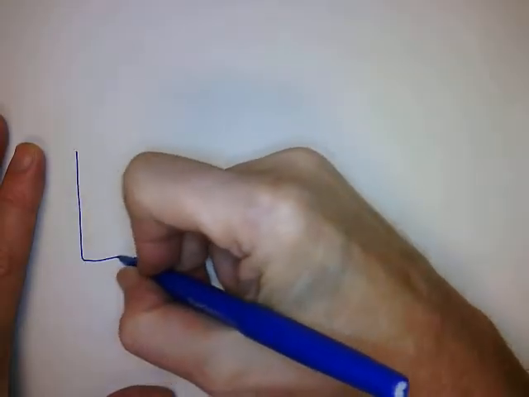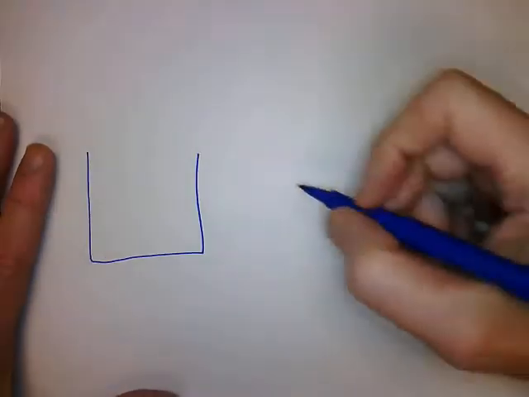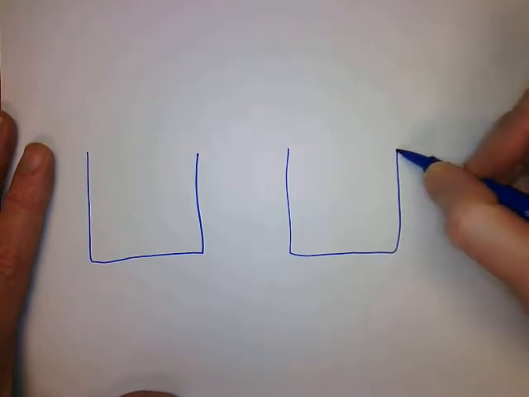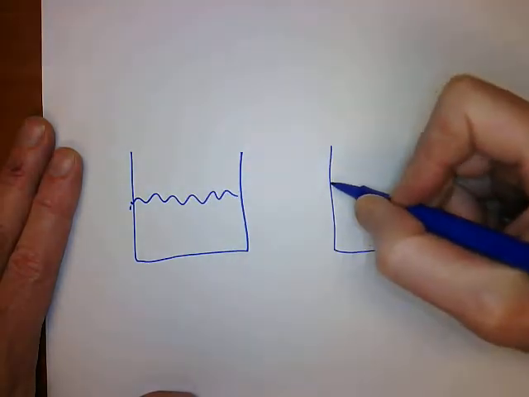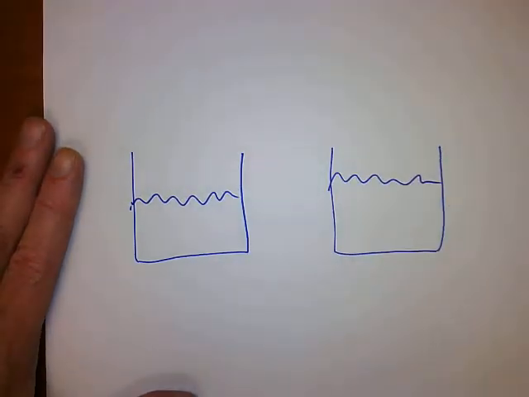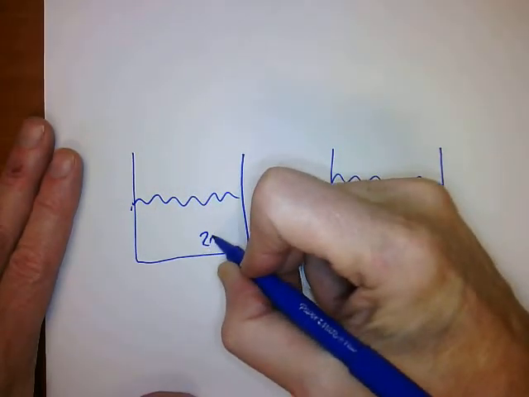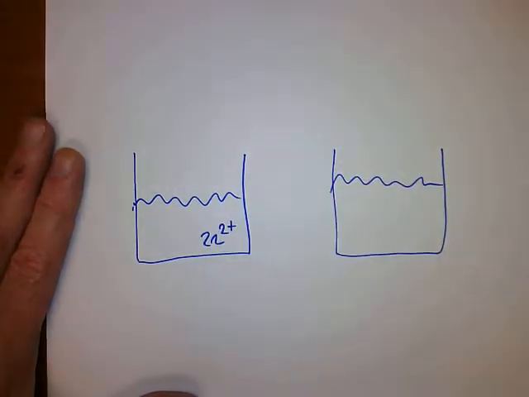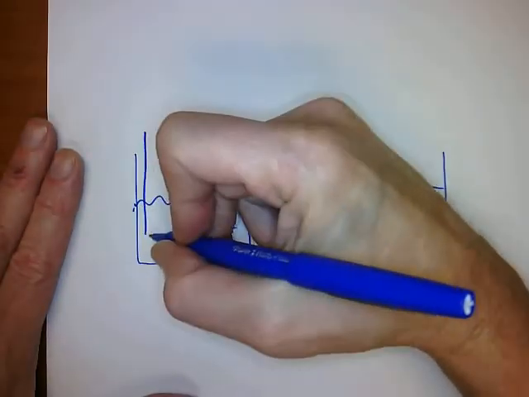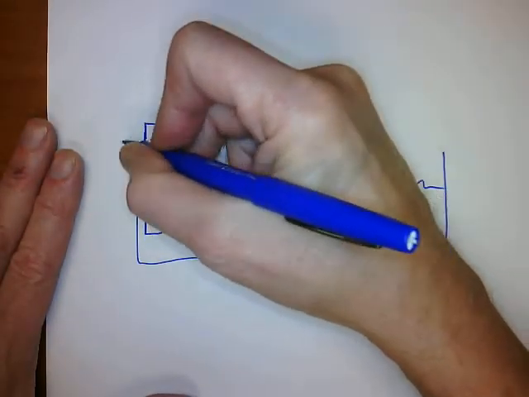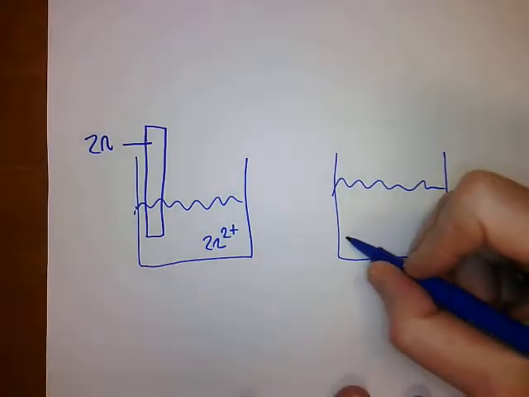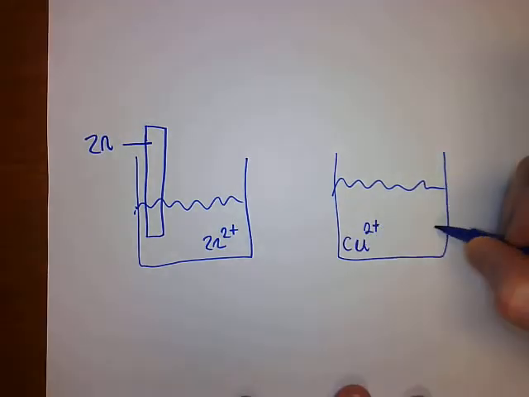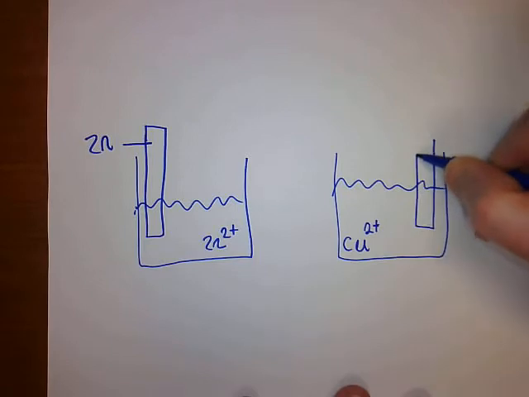Okay, so let's diagram this out. Now we're going to have, instead of one compartment, two. So we're going to have something like this. We're going to have a solution containing some zinc-containing ion with a zinc electrode, and we're going to have some copper-containing solution with a copper electrode.